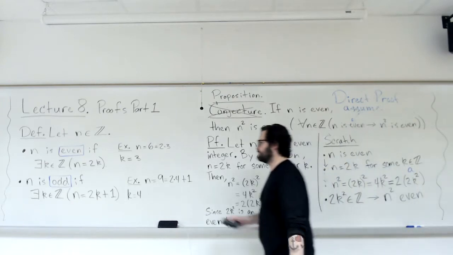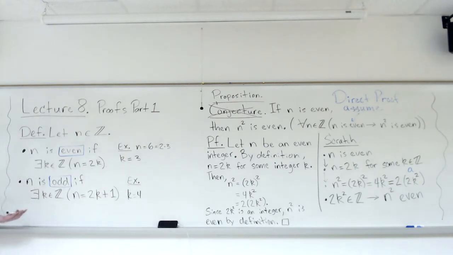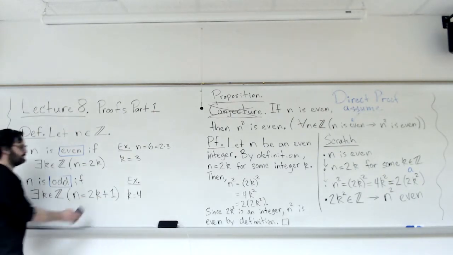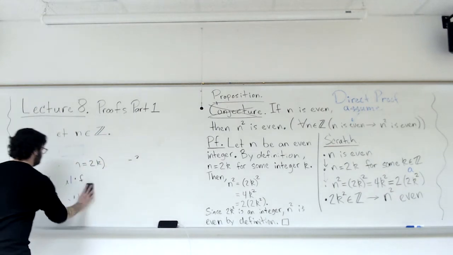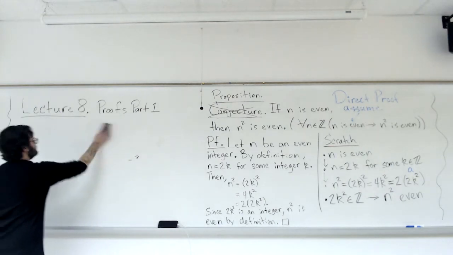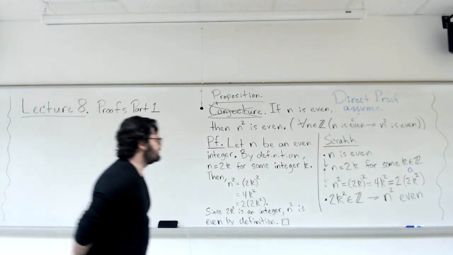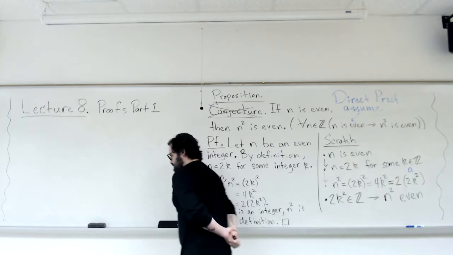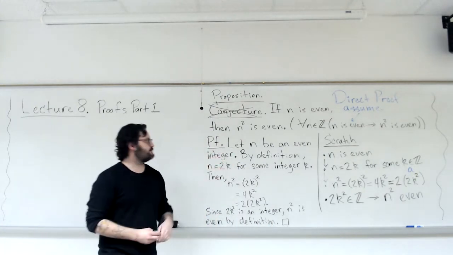Now let's think about another one. Does everyone understand these definitions? I can erase them. What about maybe we consider the odd version of this? What if n is odd?